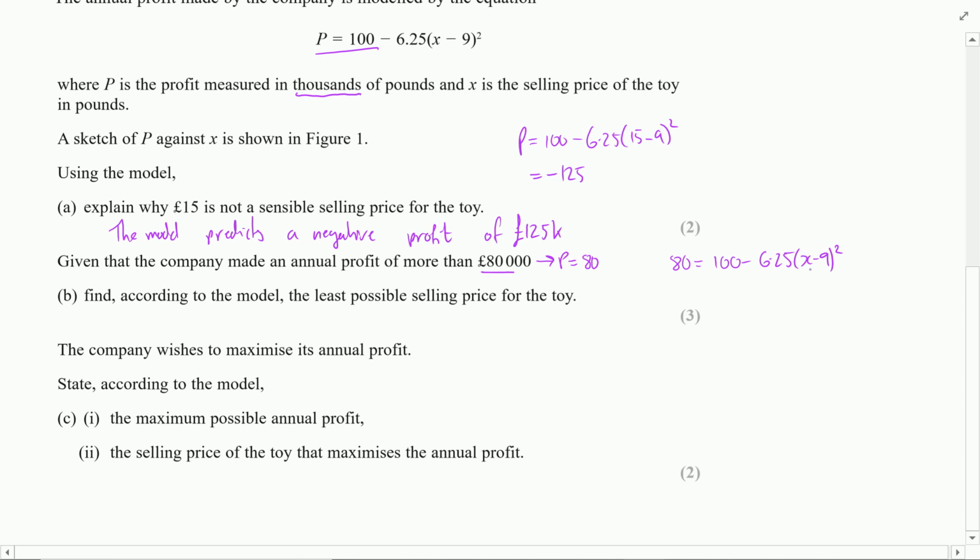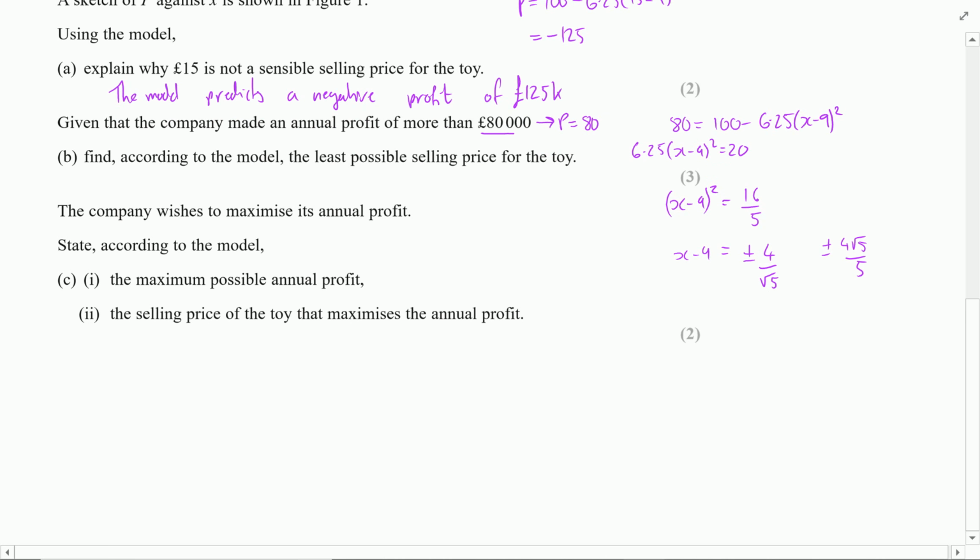I think simplistically, if I rearrange this equation as 6.25 lots of x minus 9 all squared is equal to 20, then I can write that as x minus 9 all squared is 20 divided by 6.25, which is 16 over 5. So x minus 9 will be equal to plus or minus 4 over the square root of 5, or tidying that up, I would write that as plus or minus 4 root 5 over 5.